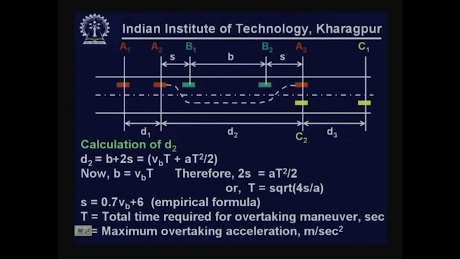So, once the speed is known, the Vb is known, one can calculate the s, and another input required is a in order to calculate the total overtaking time T. The a value is also recommended depending on the speed.